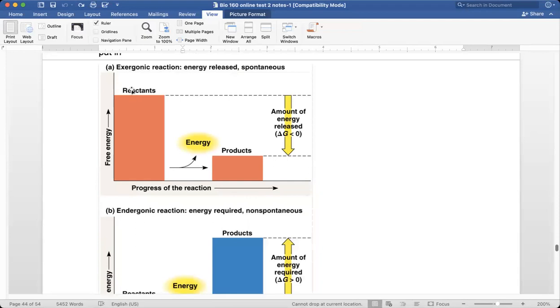Your reactants are way up here with their free energy. The reaction takes place and then the products are way down here. This difference is the amount of energy released. When you subtract your reactants from your products, that's how you get the negative delta G.